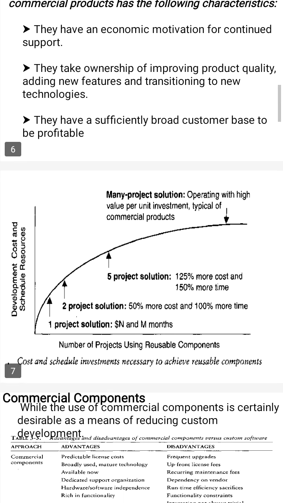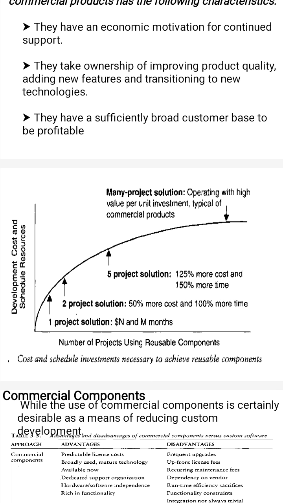This graph shows the number of projects using reusable components on the x-axis and development cost on the y-axis. The first project's solution comes at n dollars and m months.